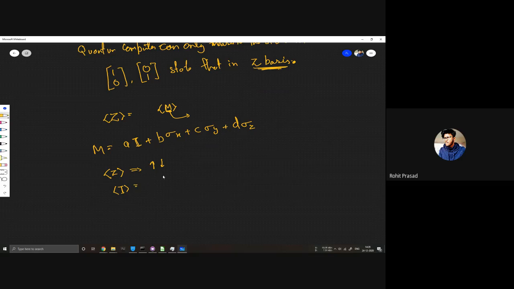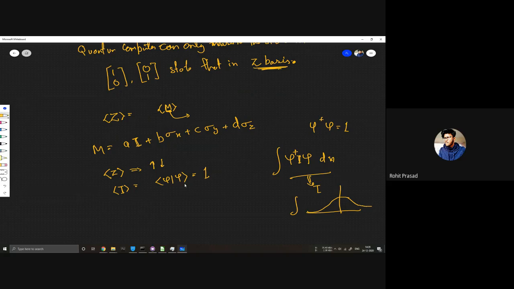Identity doesn't do anything, so this will be equal to 1, right? As I told you, this corresponds to psi conjugate transpose, then the operator, then psi, and this is your expectation value. So identity won't change it, and we know that the norm of psi is 1. So this will be equal to 1 as our probability should be 1. So we know we can measure in that direction.